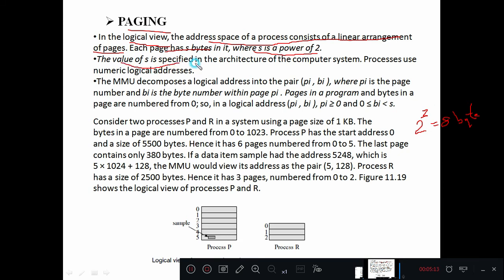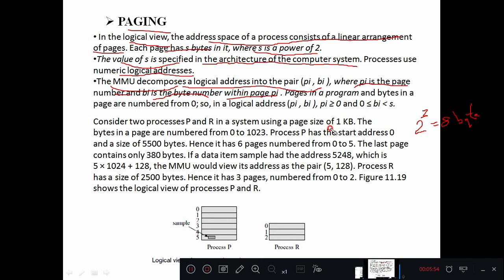The value of s is specified in the architecture of a computer system. Processes use numeric logical addresses. The memory management unit, in short MMU, decomposes the logical address into a pair, right? So now it has to identify the page in which a particular process component exists, and the byte present in that particular page, where pi is the page number and bi is the byte number within the page pi, right?